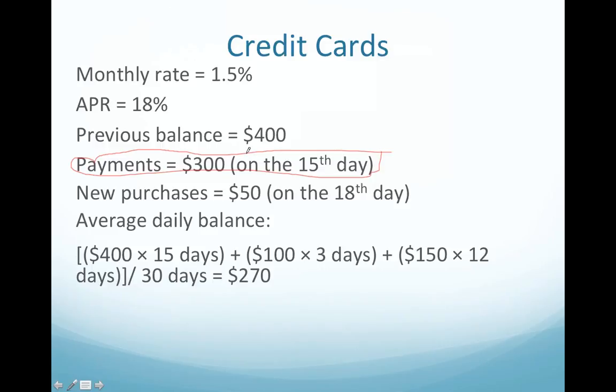And then when they made that $300 payment, 400 minus the 300 gave them 100. And that 100 was held for 3 days, because we can see right there 18 minus 15 gives us 3 days.